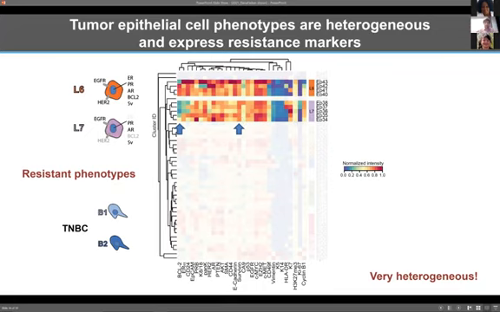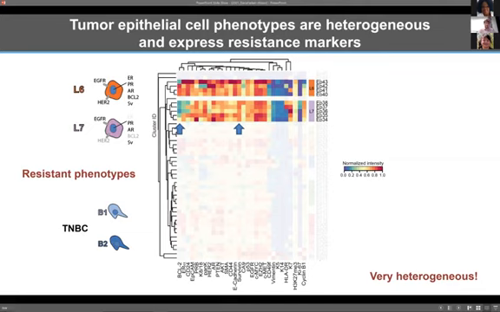Together with androgen receptor expression and other markers that we found, we thought, given the literature, that these two phenotypes have a high resistance to treatment. We still have to prove this experimentally, which we are doing at the moment. But just based on literature knowledge, that's also something that is already known and has been shown for these more basal-like phenotypes.